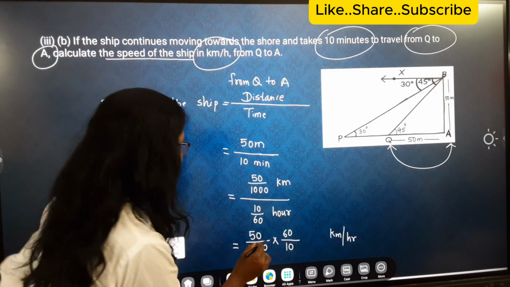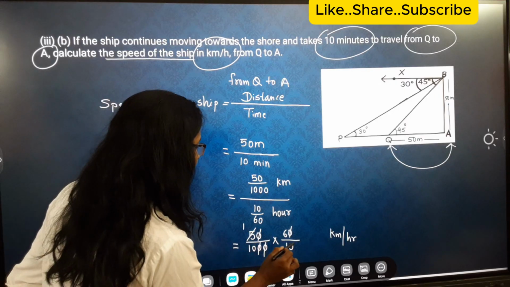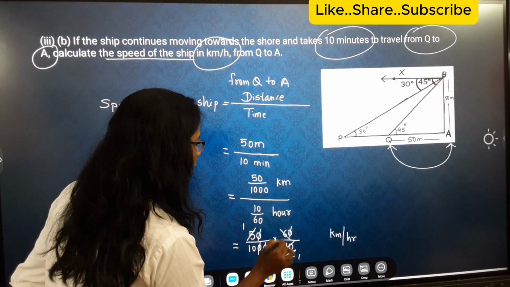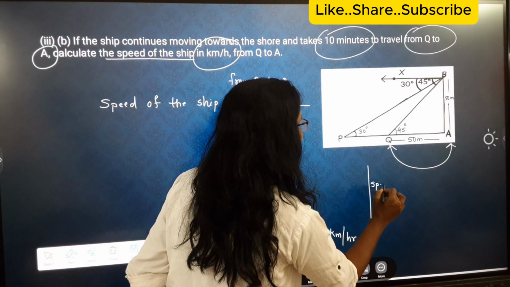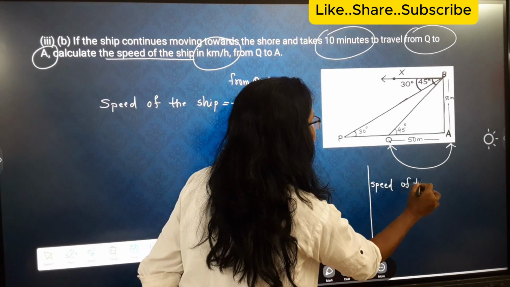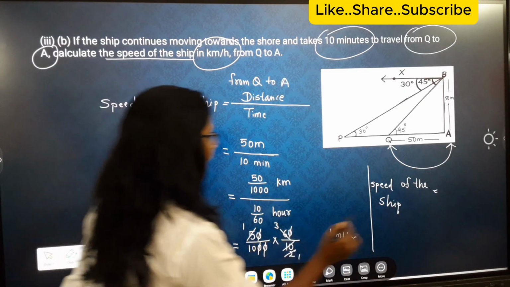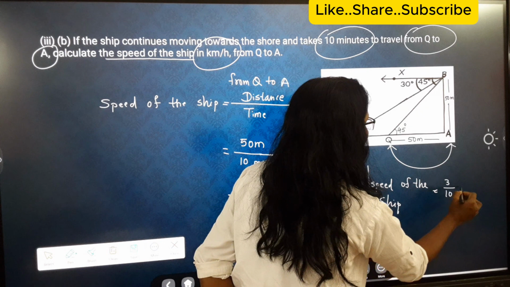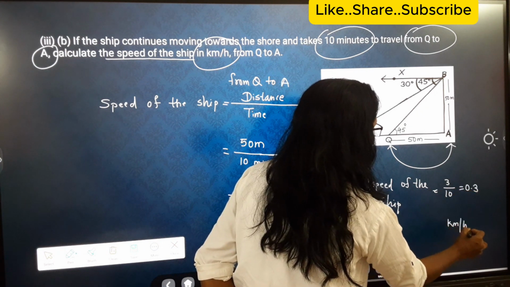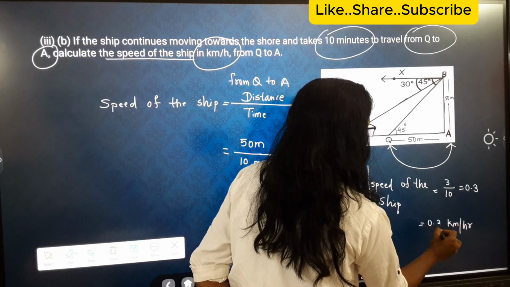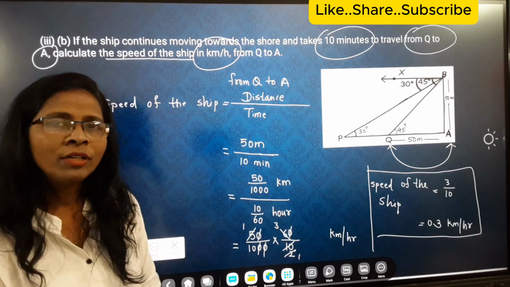Okay student, so now the zeros get cancelled, then 5 ones are 5, 2 fives are 10, 2 ones are 2, 3 twos are 6. Okay, so now the speed of the ship is equal to 3 upon 10, which is equal to 0.3 kilometers per hour. Okay, so this is our final answer.